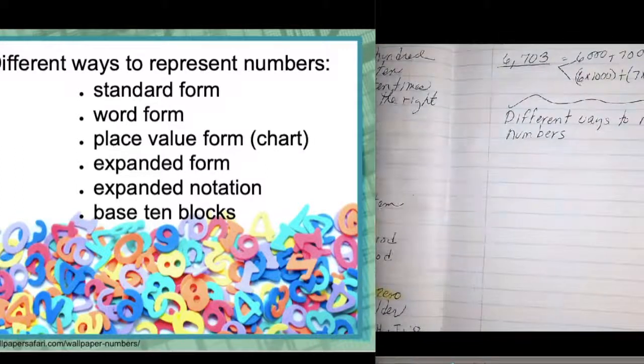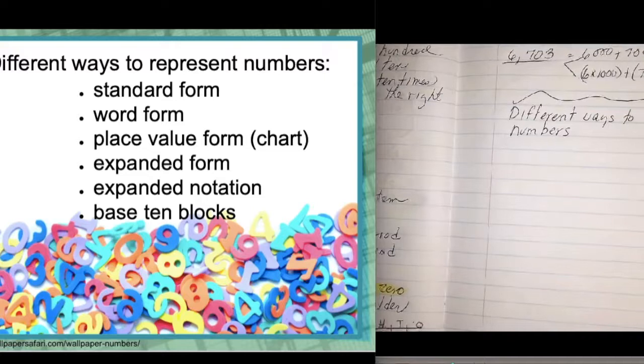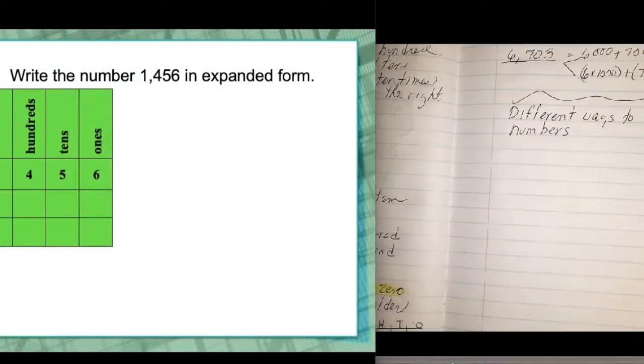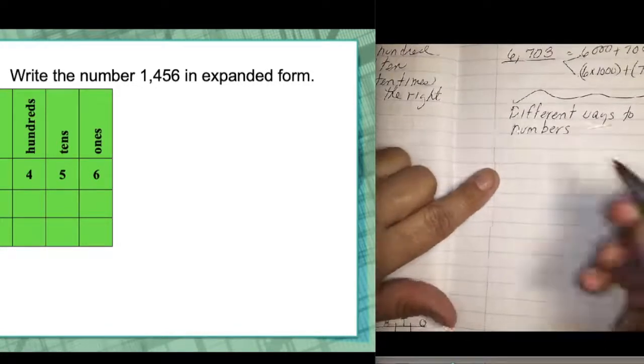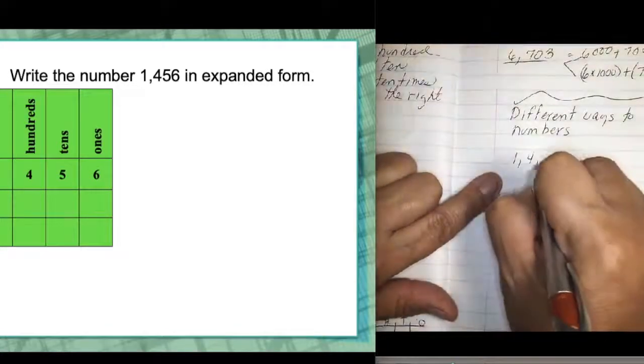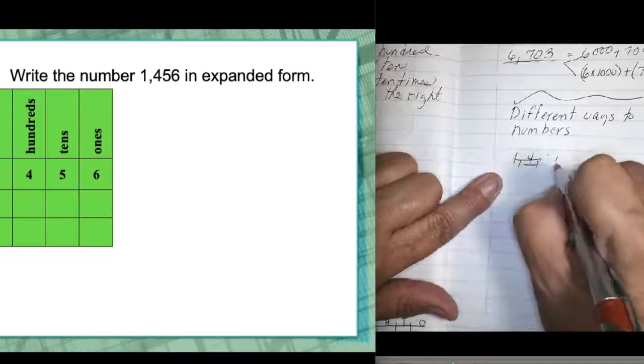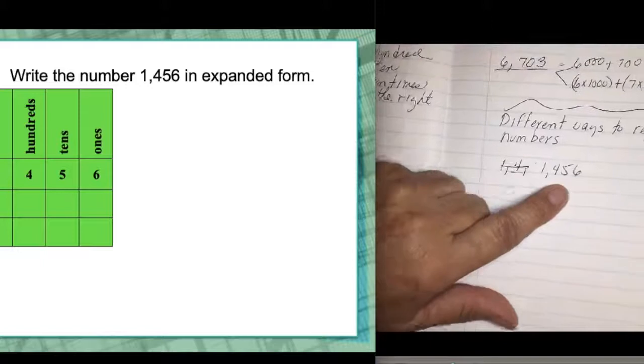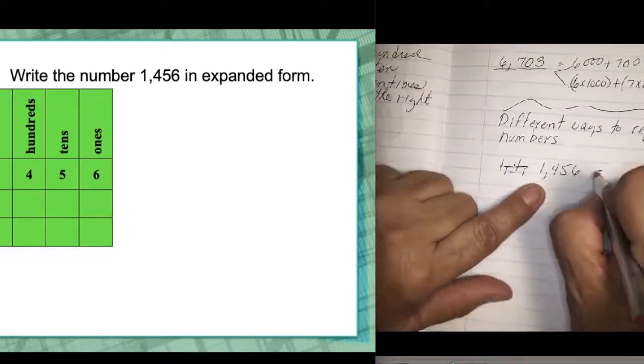And we'll look at an example. Okay, so write the number 1,456 in expanded form. So 1,456. When I write this numeral, this is called standard form.